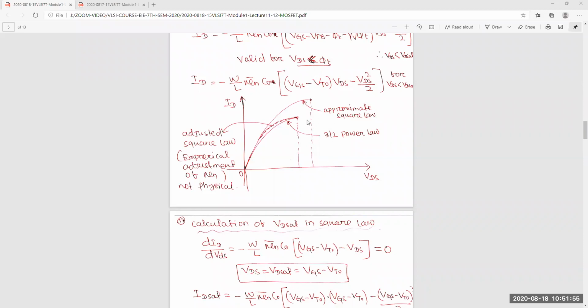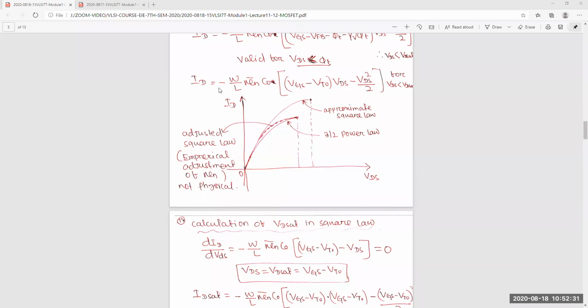So we have to calculate what the VDS is at this point, and if you put that VDS value in that equation, then after that no current will change; the current will be constant. If we calculate VDS at this point, it is called VDSAT, VDS at saturation. We use that VDS to get the saturation equation, meaning the current equation at saturation.